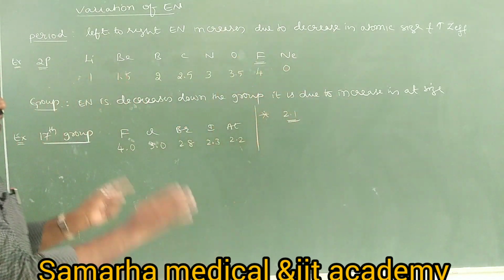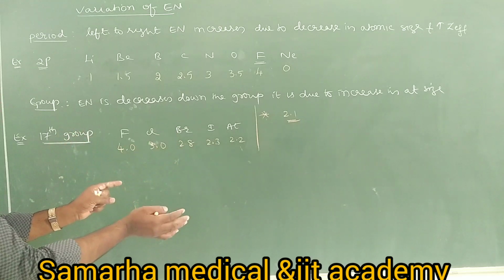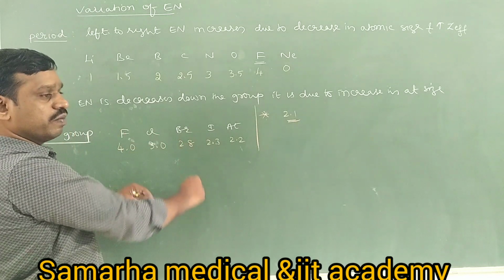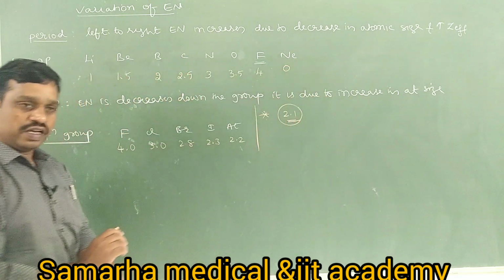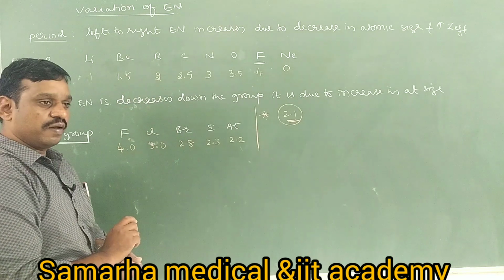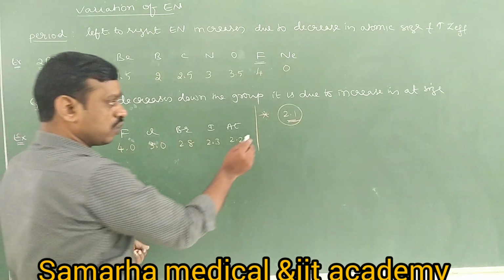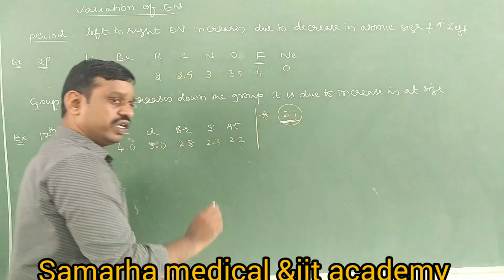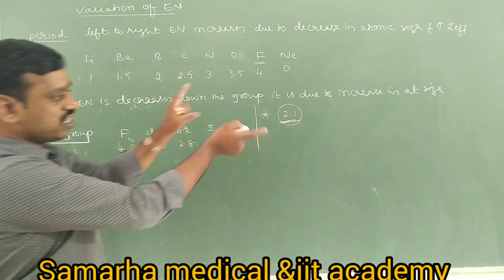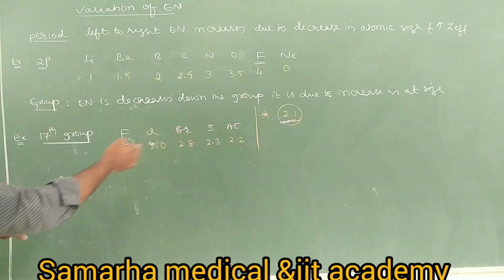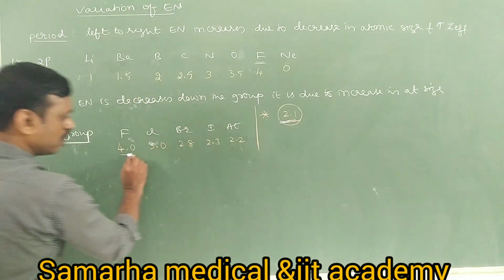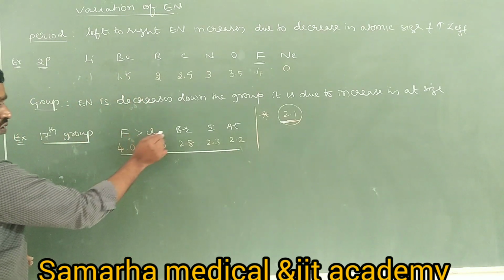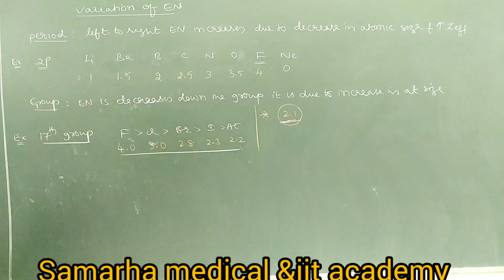Similarly here, hydrogen electronegativity is taken as a standard by Pauling, which we study later in the Pauling scale. By taking this standard, they compared the electronegativities of other elements. So this is the decreasing order of electronegativities of 17th group elements, that is, it decreases down the group.